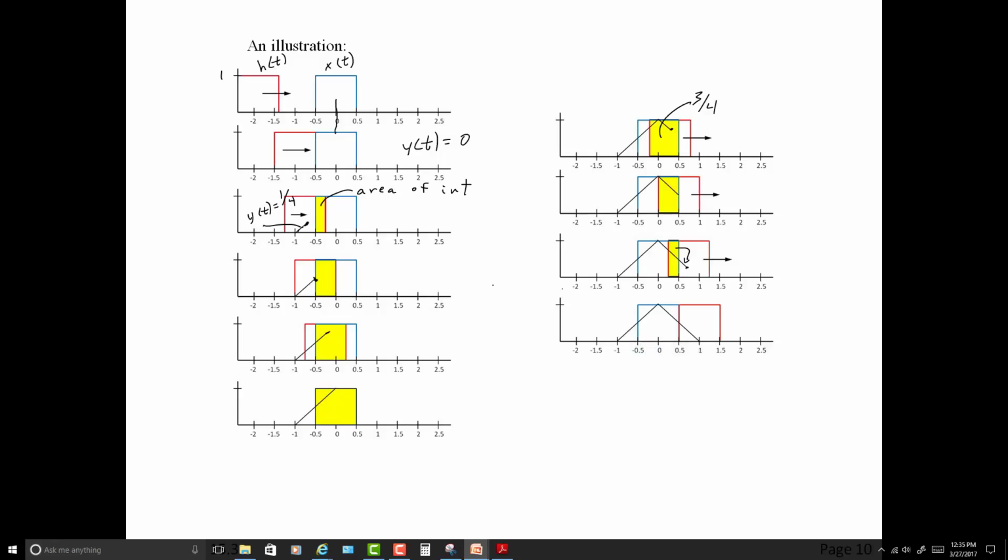Okay, so what's going on here is the convolution said the time response, this is y of t.